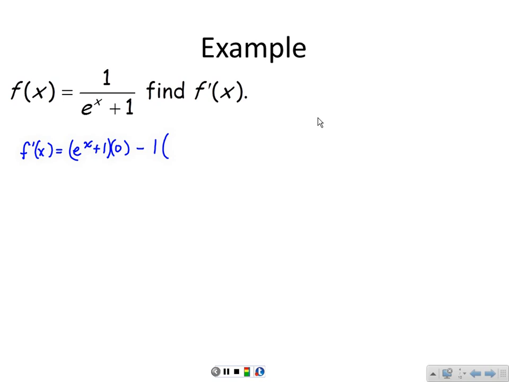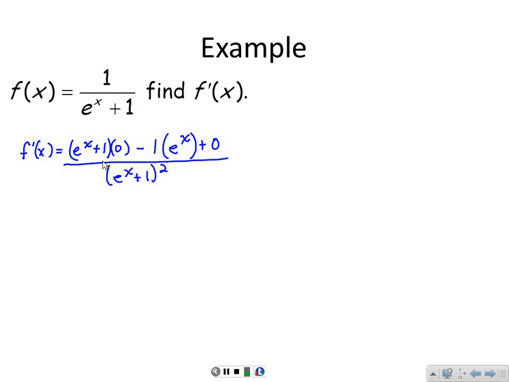Now, the derivative of e to the x is e to the x times the derivative of x, which is just 1, plus the derivative of 1, which is going to be 0. And then all over low, low.